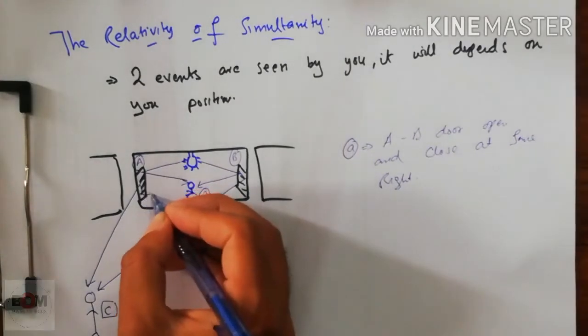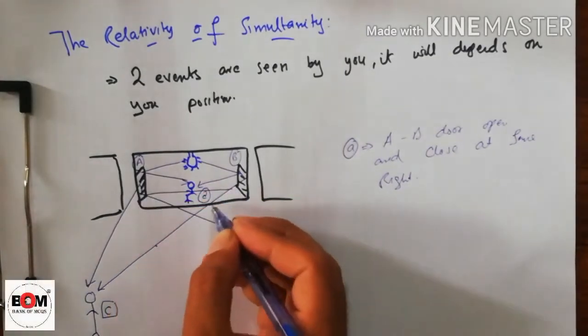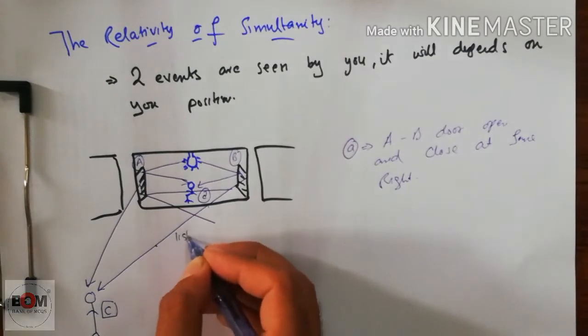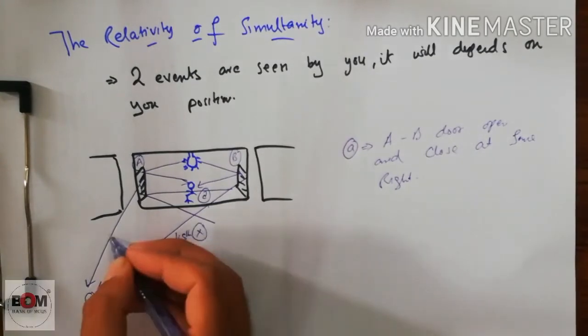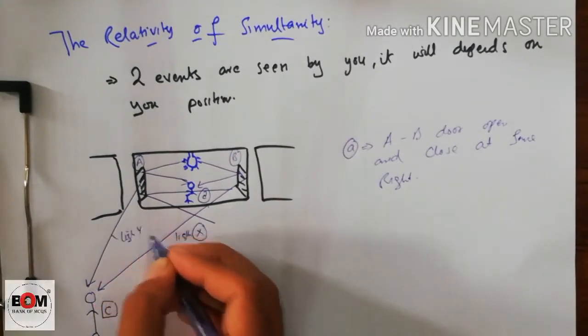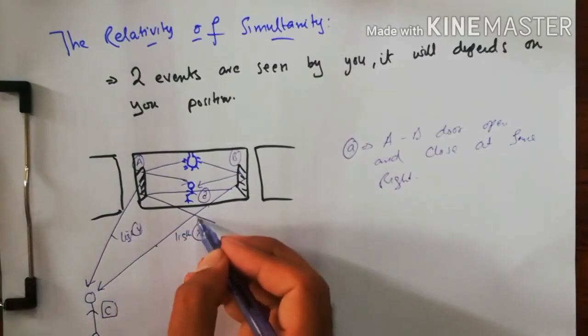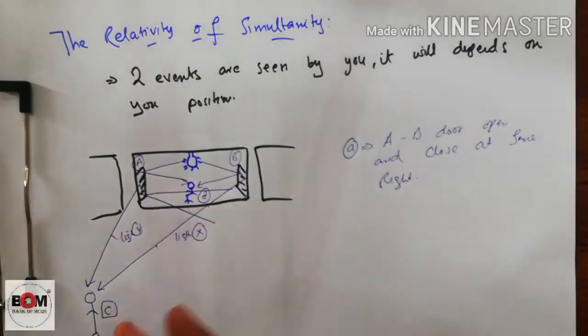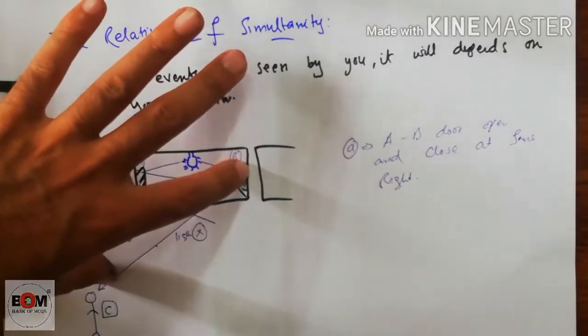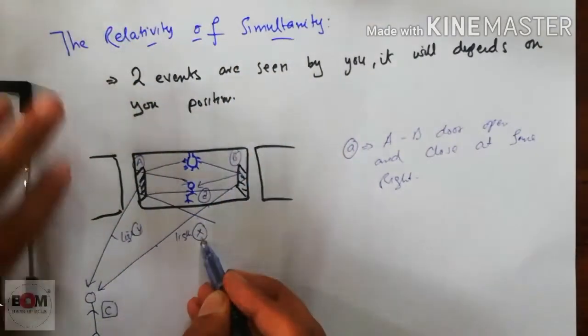So if we call this light X and this light Y, light X is further than light Y. Light Y is short and light X is more, so it will take more time to reach your eye.